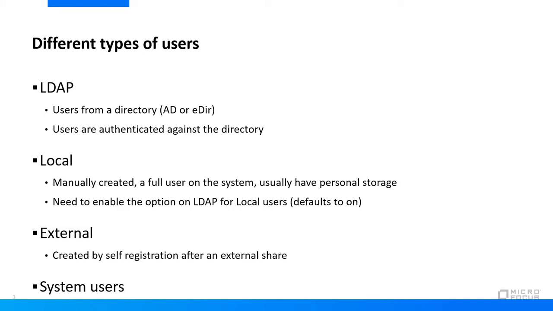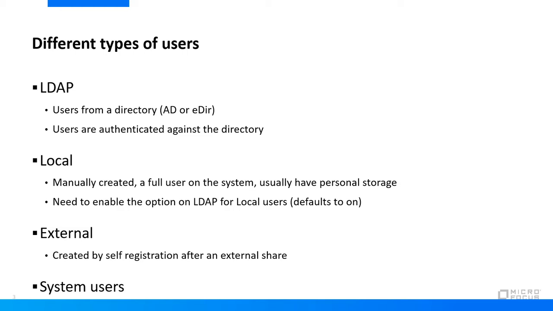That external user goes through a self-sign-up process, self-registration, where they put in their name and what they want their password to be, after which they can access the information that's been shared with them. But these users are counted as external users. And finally we have system users. These are users, there are about 5 or 6 in a Filr environment, that are used by Filr for a number of different tasks.